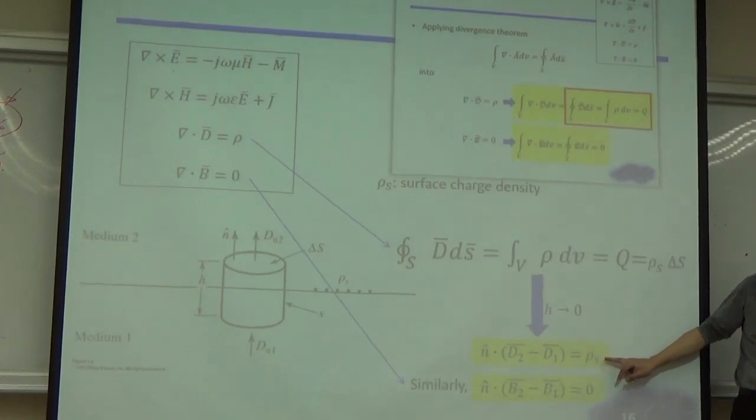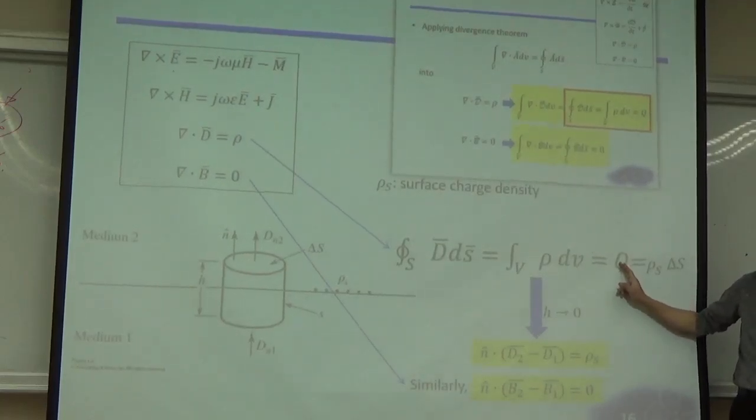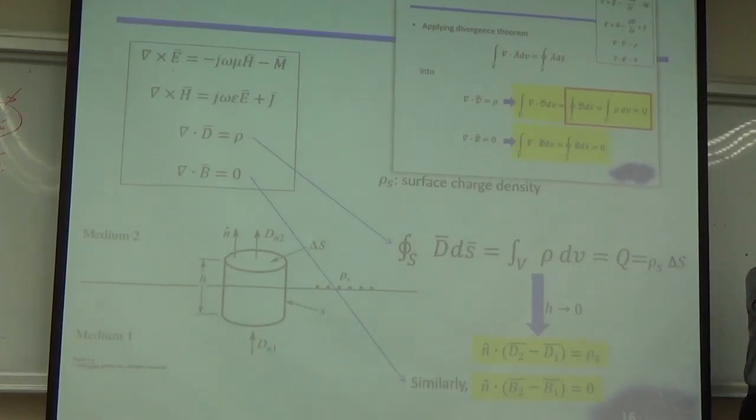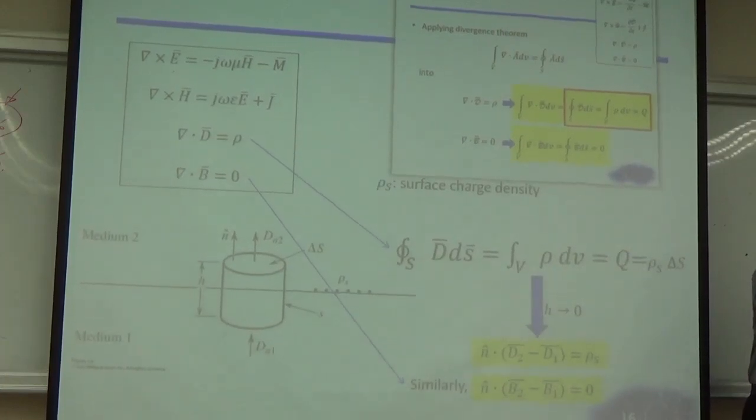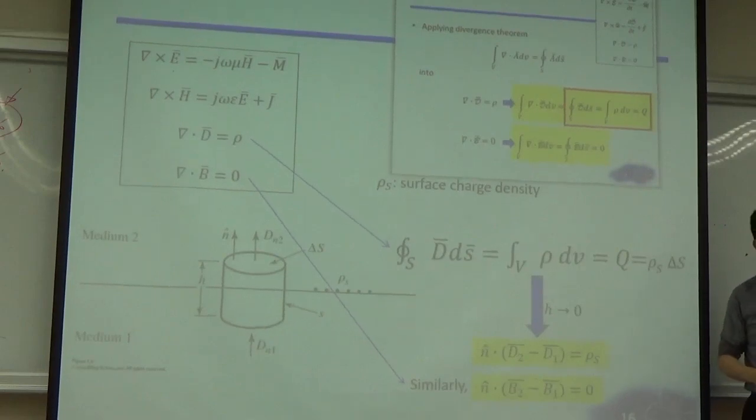What is the relationship between rho S and Q, if we already know Q? Maybe this is not a very hard question, but he didn't describe it very accurately.